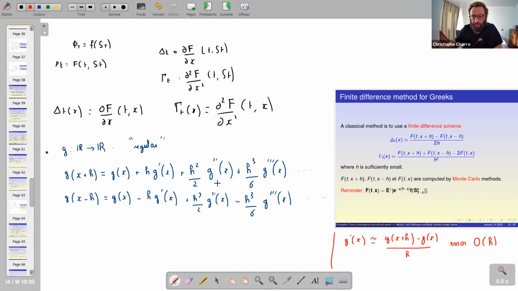Using this expression, I can also approximate J prime of x in the following way.